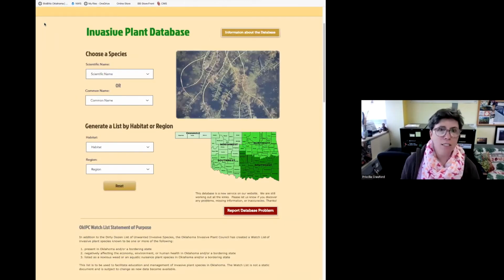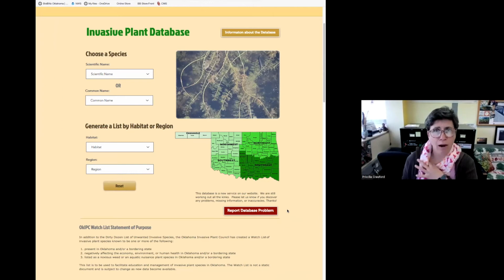Also, this is a new feature for our website, and this is a new database that we are serving up to people. This is the first time that I have been responsible for a project like this, so there are going to be some bugs. We have highlighted down here, if you come across a bug or a problem within the database, please let us know.